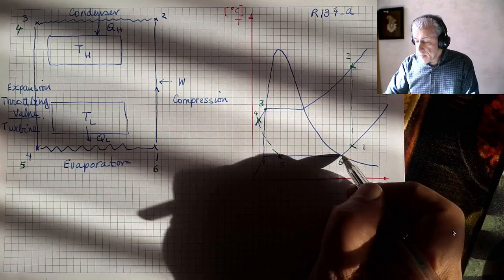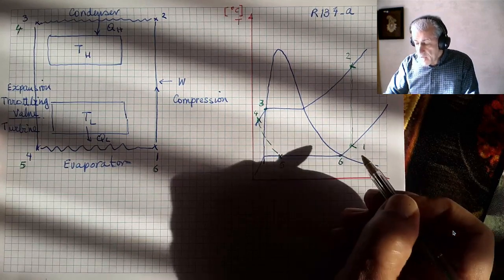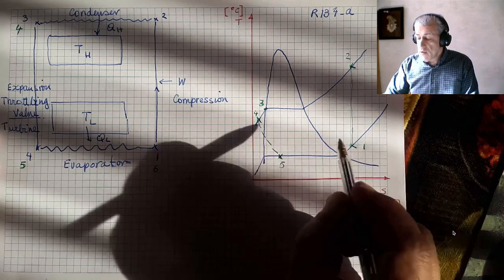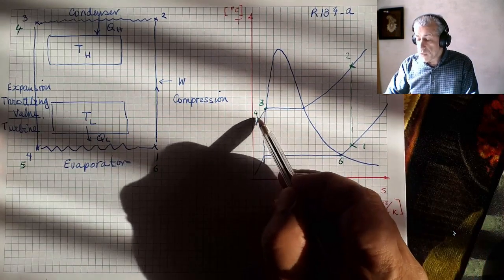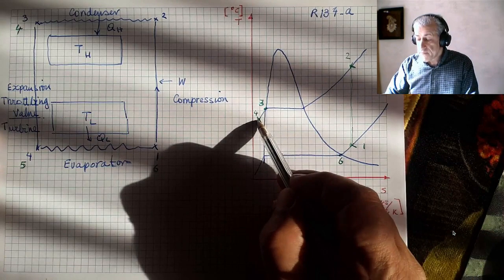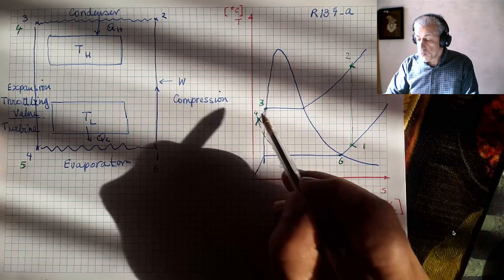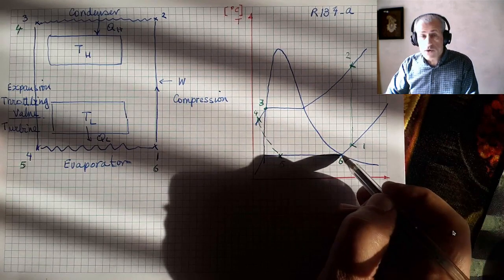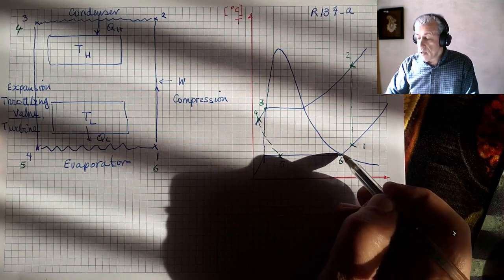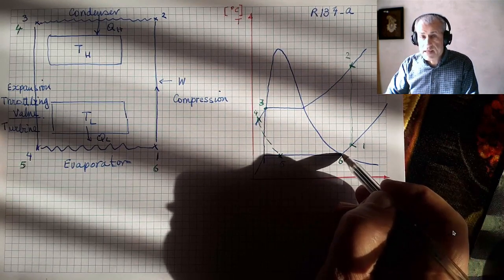So there is sometimes a heat exchanger where we cool down what is out of point 3 to point 4 and use it to heat what is in point 6.